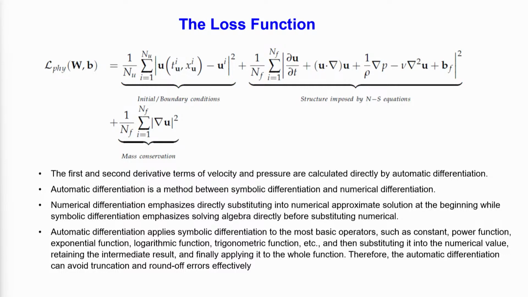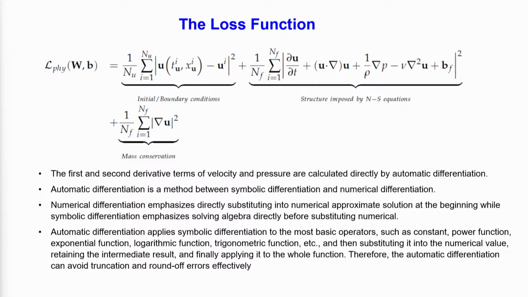You have the error due to the Navier-Stokes equations, you see all terms in the Navier-Stokes equation written on one side, and the error due to inaccurate mass conservation, that means somehow your approximate solution is not satisfying the continuity equation. So, the sum of these is the loss function.